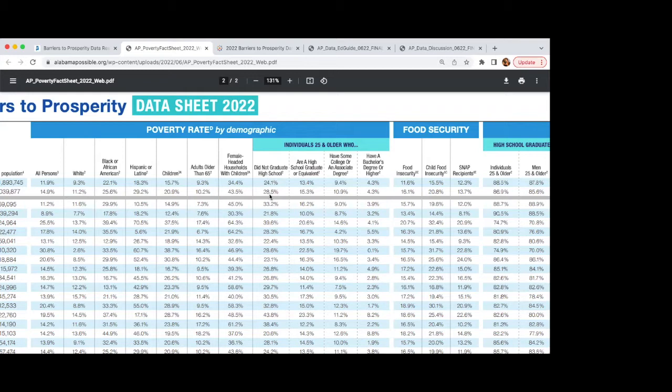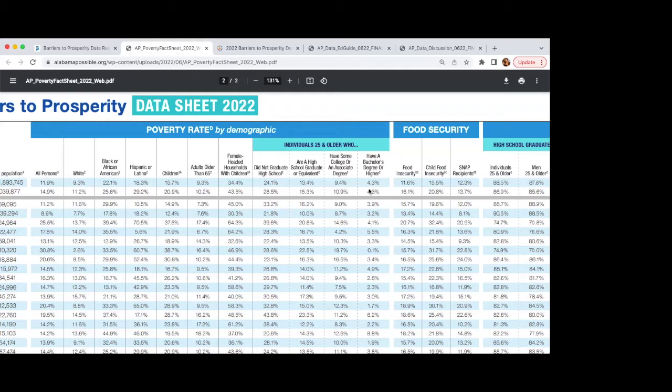So another way of saying that is 28.5% of Alabama individuals 25 or older who did not graduate high school are in poverty. And you'll notice that the poverty rate decreases as the education level increases. For instance, in this last column, you'll see that 4.3% of Alabama individuals 25 or older who have a bachelor's degree or higher are in poverty.